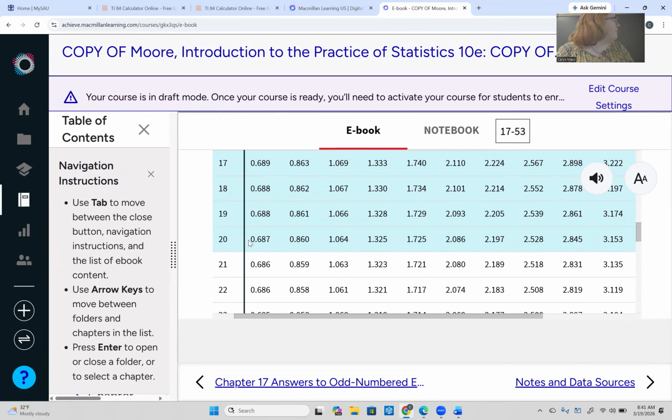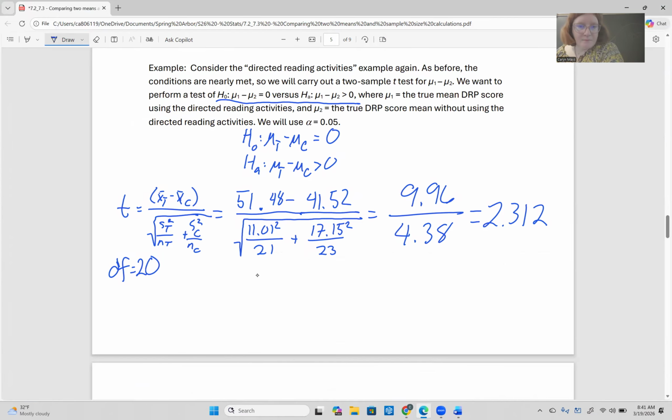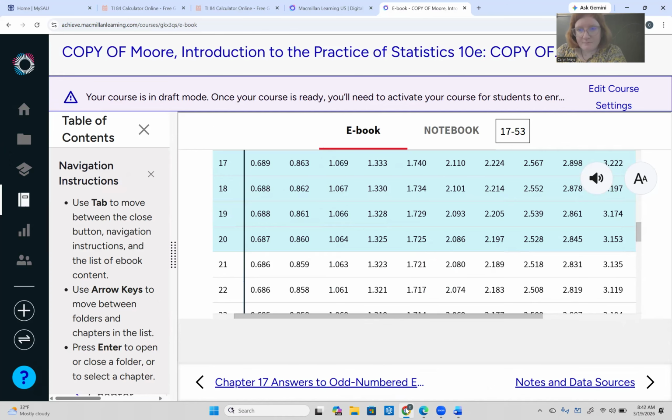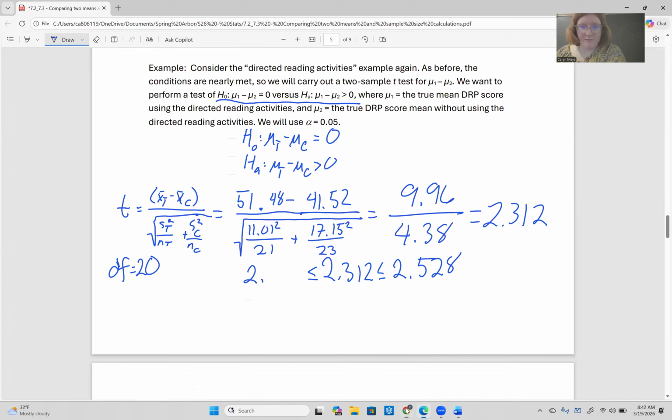So 20 is the bottom of blue. 2.312 would be between this 2.197 and 2.528.